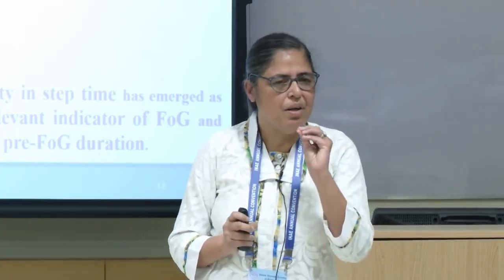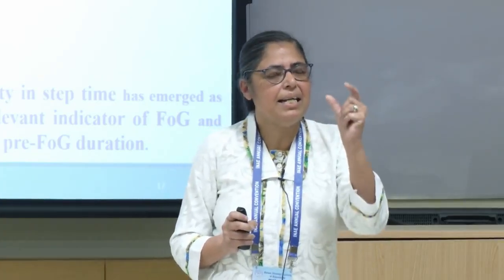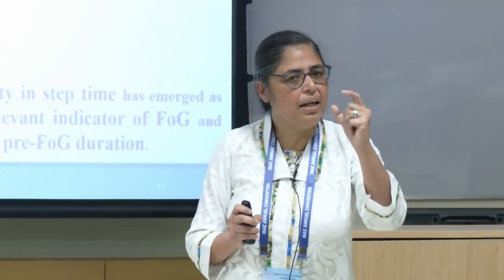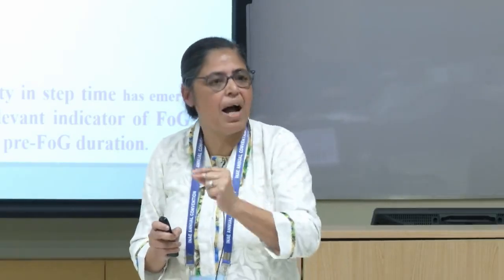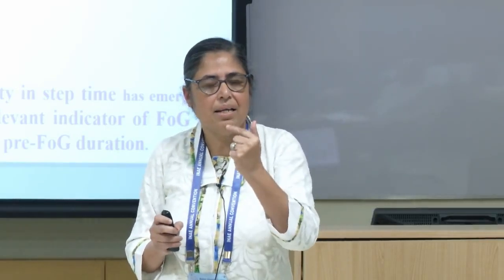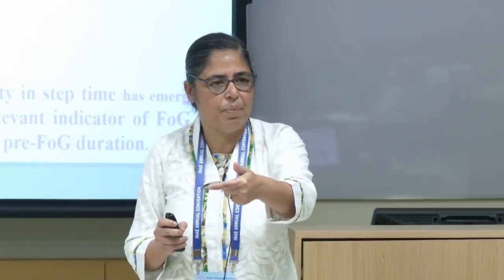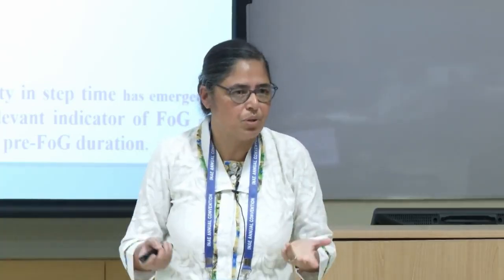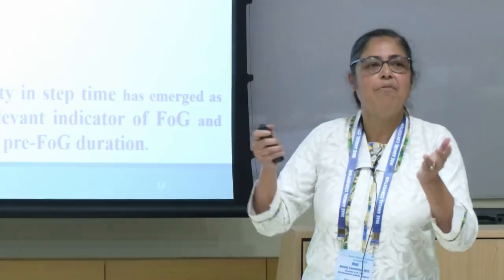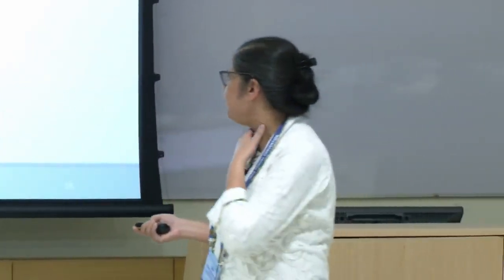With this, we could very certainly say that it gives us a very clinically relevant and quantified metric where I can judge the possibility of a person to freeze 3 steps before the person has frozen. So I can get enough window to give intervention.